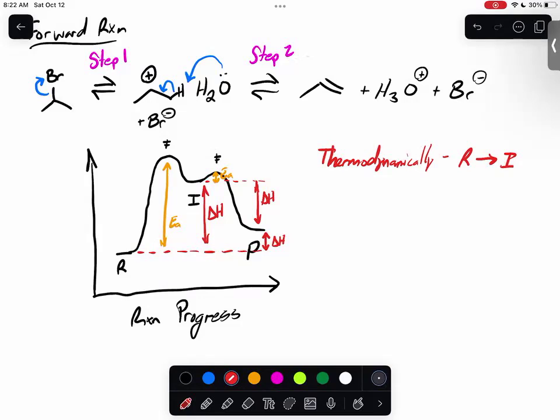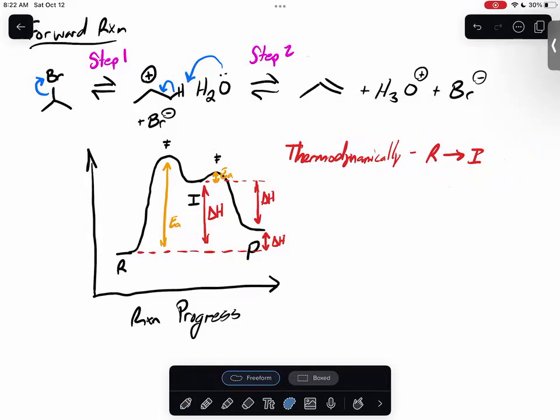Here, let me move this so I can actually draw. But essentially, that's telling us that the first step is not very favorable, which is not surprising because we end up with the missing octet right up here, and that should always be relatively unfavorable both thermodynamically and kinetically.